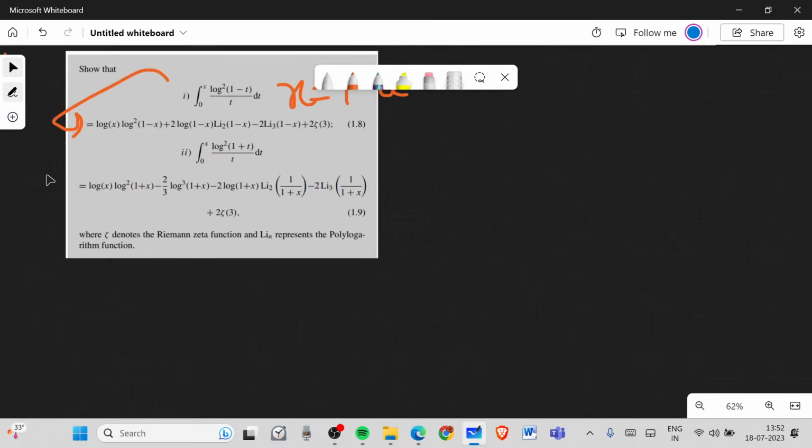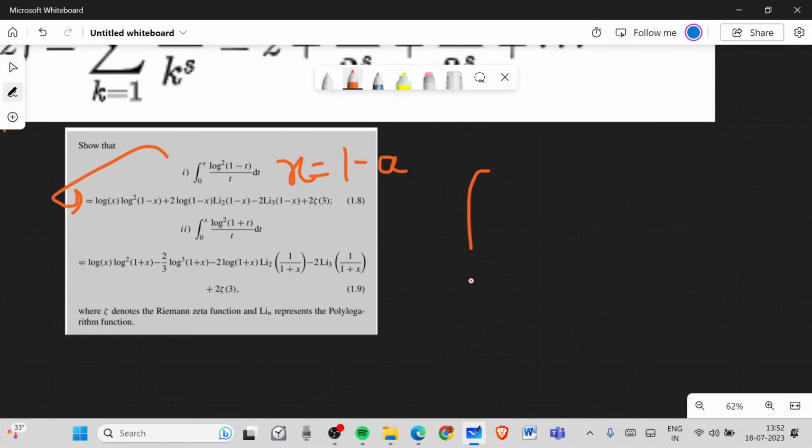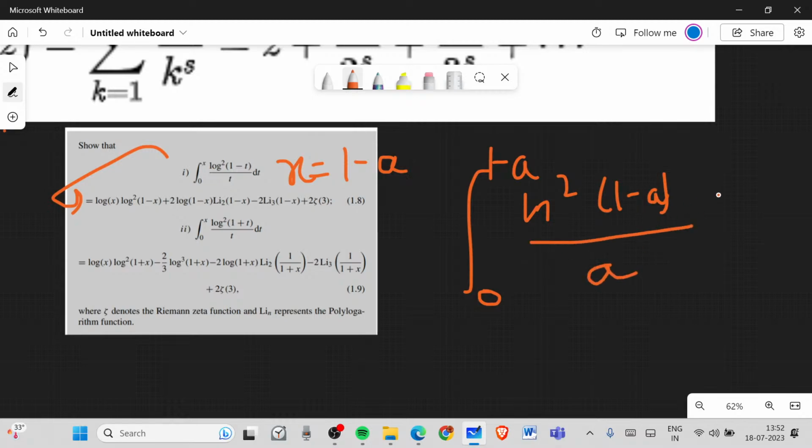So if I put x equals 1 minus, let's say, a good variable, name me a good variable a, then the integral from 0 to 1 minus a of ln square 1 minus t by t dt.